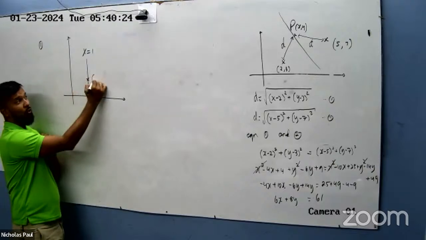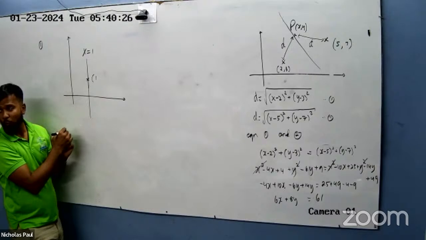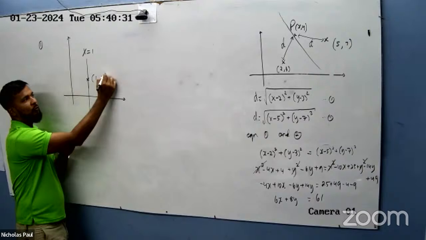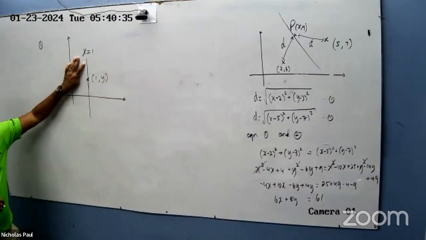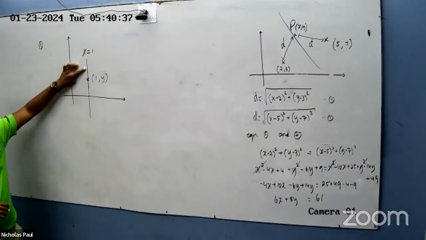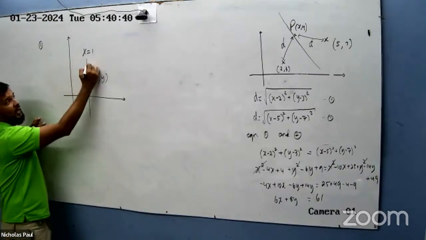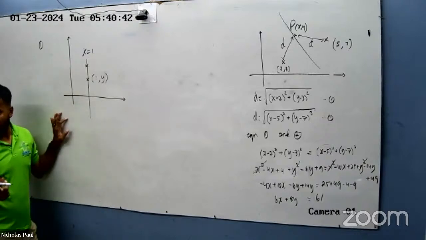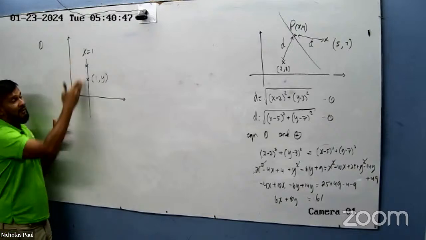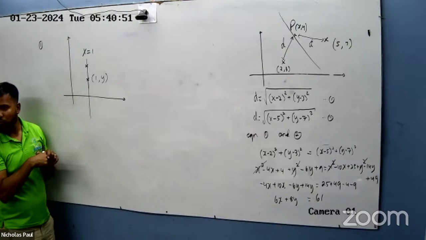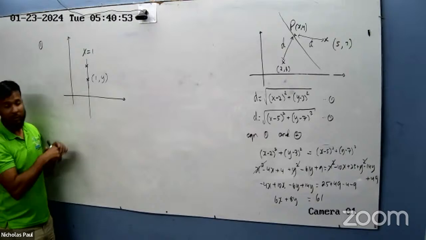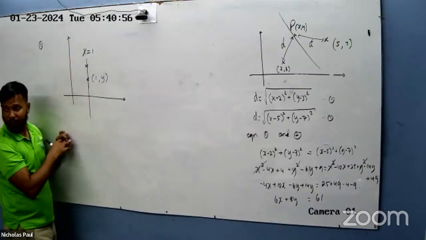X is 1, and y is anything. So anywhere on this line, x is always 1.